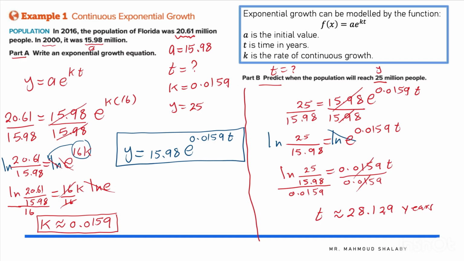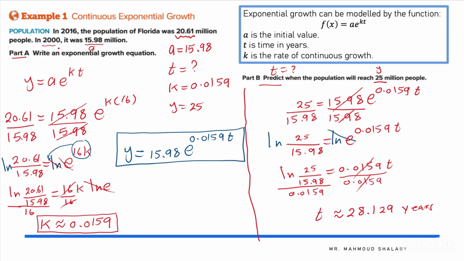This is for part B, which means after 28.129, which is approximately 28 years, the population will reach 25 millions. A question like this, he may not ask you to predict when, he may say which year. He will not ask after how many years, he will ask in which year the population reaches 25 million.